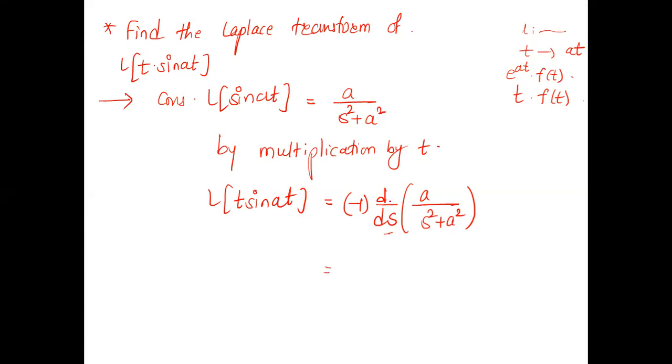Okay. So now we have to take the derivative of this term with respect to s. Now going to the derivative: with respect to s, s is the variable and a is a constant, so a will come out, minus 1 into a, that is minus a, into the derivative of the denominator, which goes to the numerator and becomes an inverse. So this is minus a into the derivative of something raised to n.